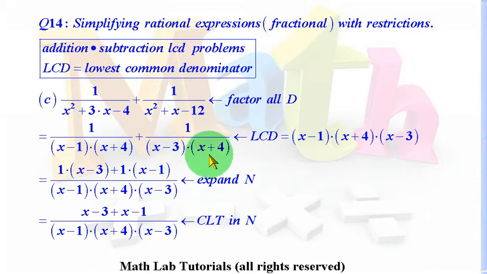And it appears that we need another x plus 4, but not really because we already counted x plus 4 once. So the bottom line is that the LCD is x minus 1, x plus 4, x minus 3, and the other x plus 4 is redundant, so we don't need it. Again, the LCD for this problem is x minus 1, x plus 4, x minus 3.